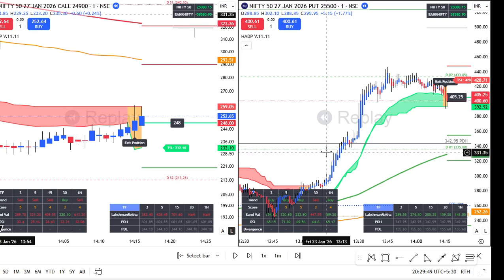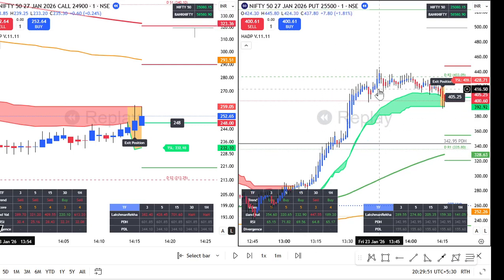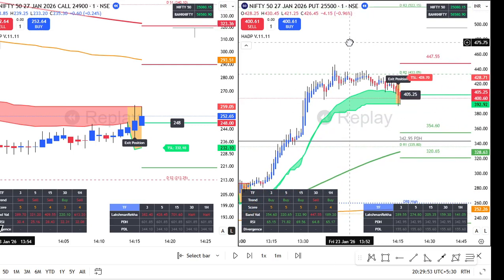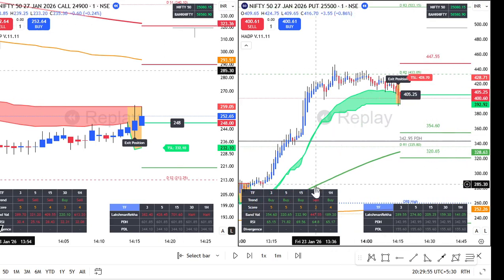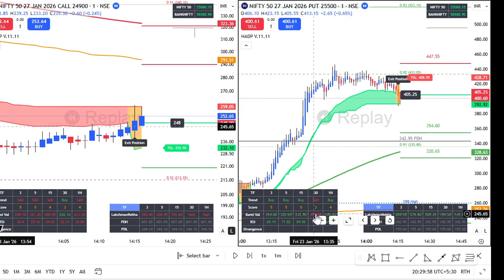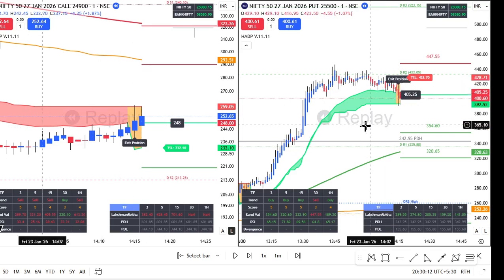So from 302, 303 levels, it went and hit 445 levels, very close to this 30-minute sell. Now what does it mean? The 30-minute sell number is where the 30-minute traders who built all their short positions are, at 447. So they did not want to give it up so easily, and it came and gave you an exit.